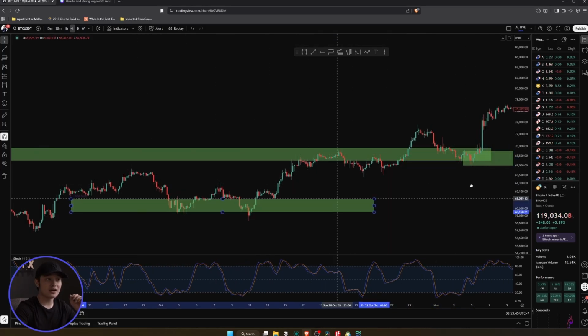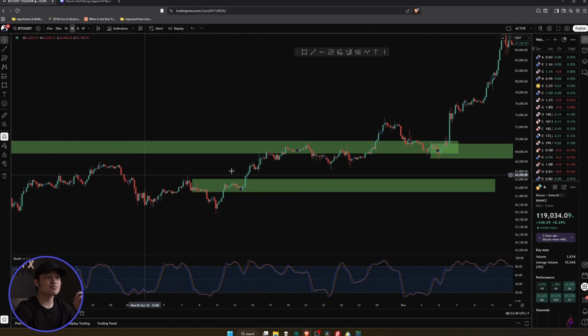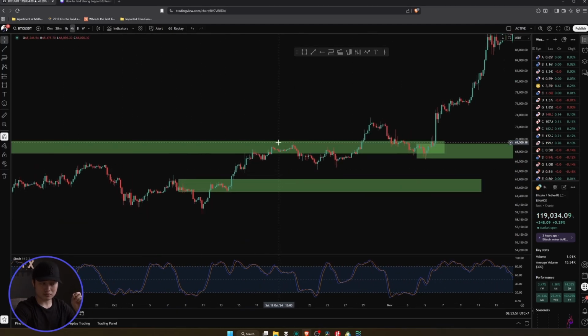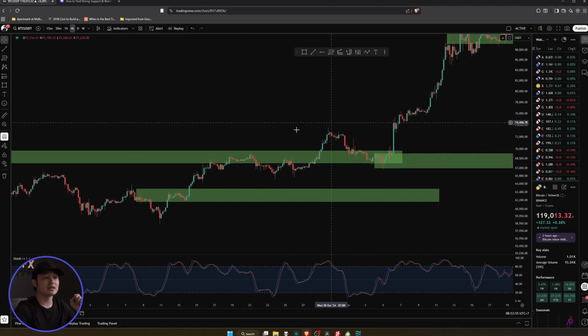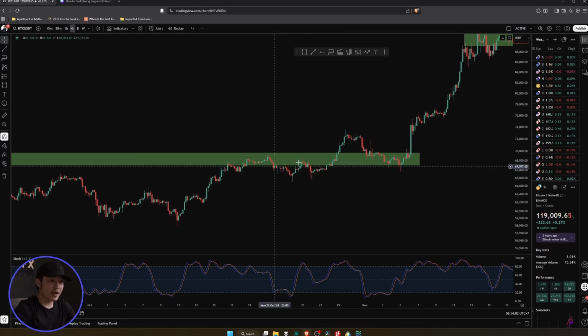Then after the price bounces or penetrates its previous resistance zone around here, the price breaks the zone right here. Wait, let me delete this first because it's too messy for you. The price breaks this zone right here. Okay, this is the breakout, and then the pullback right here.